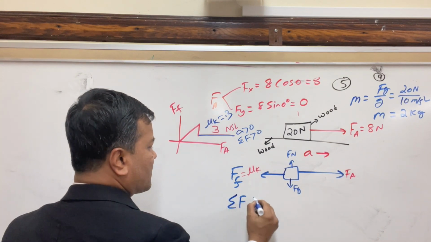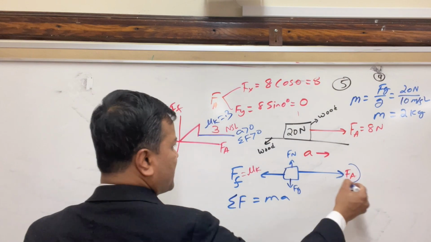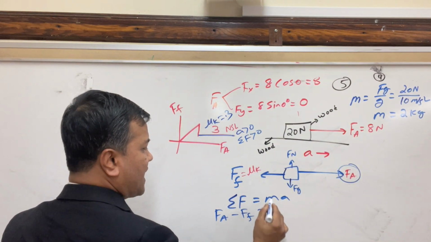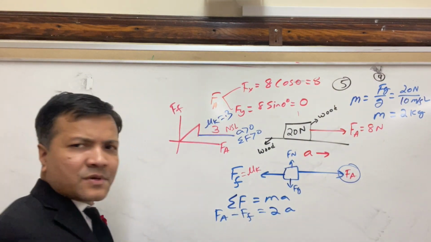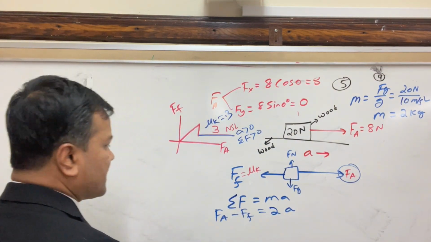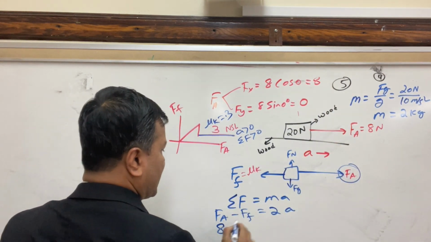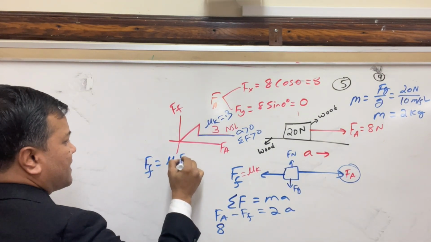Newton's second law, F equals ma. So F means you have big F, and you have a smaller one, Ff, and m is 2, and acceleration is what I asked you to find. Fa, you know, is 8. Ff, you're going to find Ff now. Ff is mu k Fn.